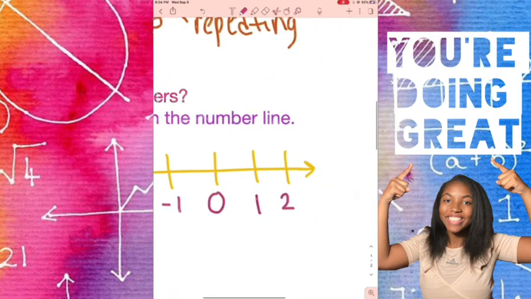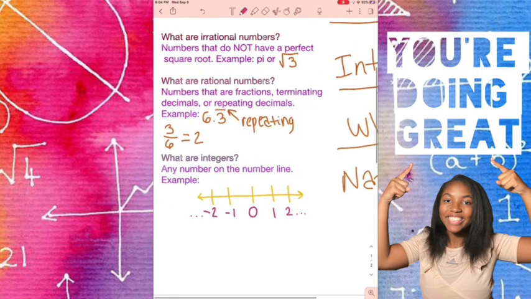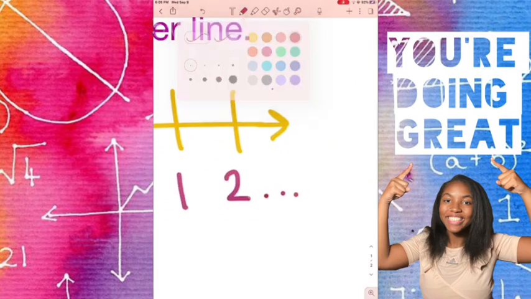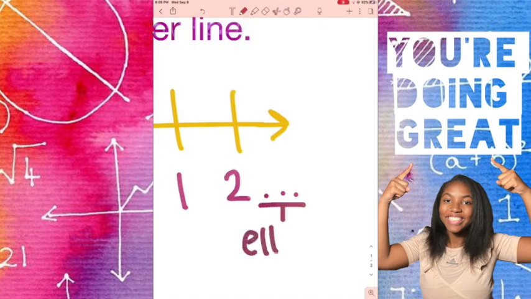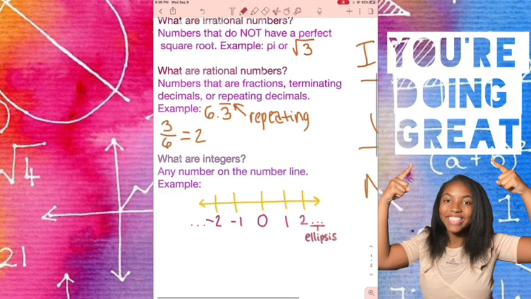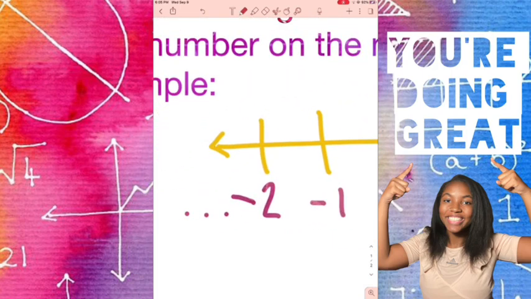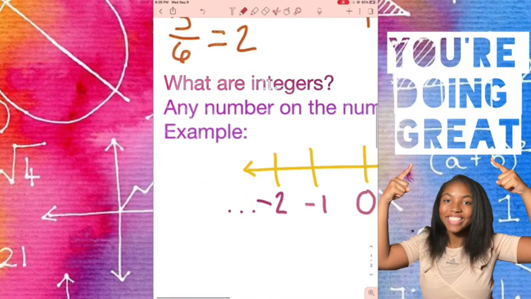Now, like I said, these numbers can go as low as they want. So you need these 3 dots, which I'm sure most of you have seen before. But did you know they actually have a name? It's called an ellipsis, which means just continuing. It won't stop. There's no stop to how high a number can go.